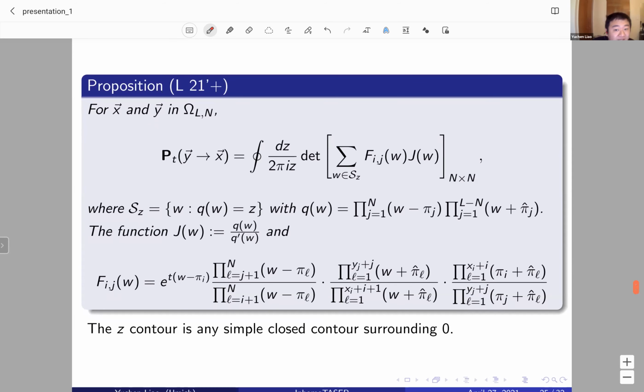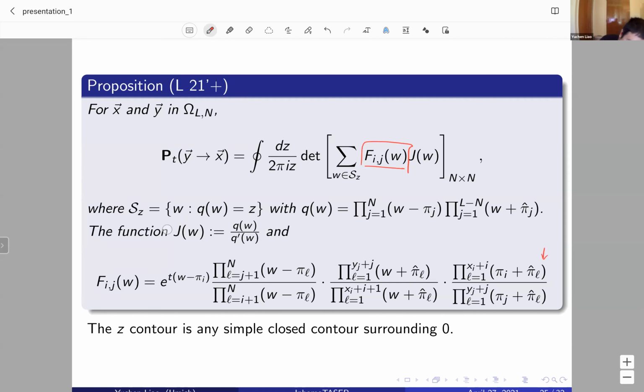And what are the entries of this determinant? There are two parts of the entry. One is the crucial part, Fij, which I wrote down here, and if you compare it with the full space transition probability, it appears there as well. There is an extra factor to multiply, and that extra factor JW is basically given by this Q(W) divided by Q prime of W. It really hinges on trying to recognize this as some residues if you want.